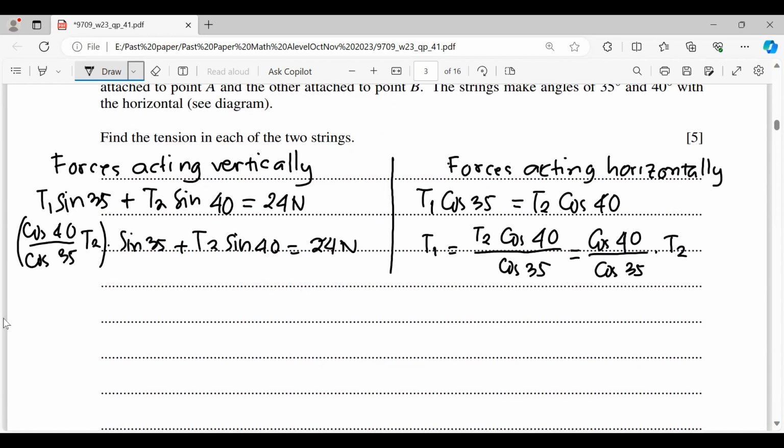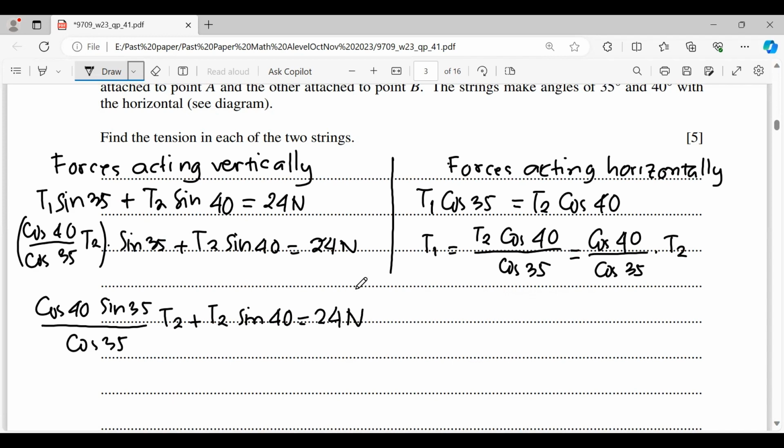I'm going to separate this. So it becomes cosine 40 times sine 35 over cosine 35 T2 plus T2 sine 40 equals 24 newtons.